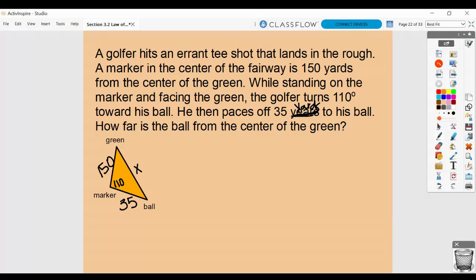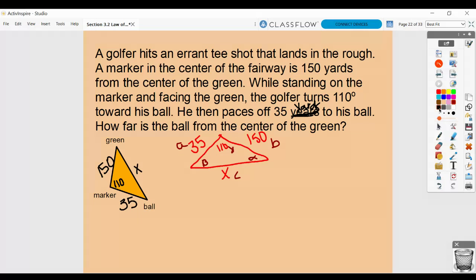Okay, so if we want to label sides, let's redraw this so it looks a little bit better. We can say that's X, that's 150, that's 35, and then 110 is here. So we can say that this is side C, that's side B, that's side A, and then we have alpha, beta, and gamma.